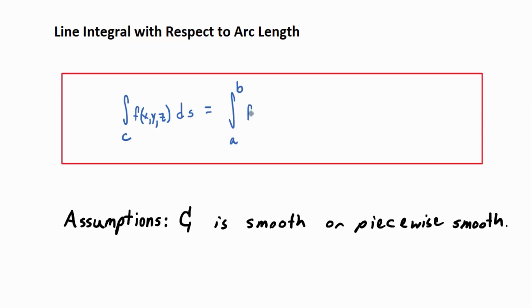And then when you evaluate these things, you've got to put x in terms of t, y in terms of t, and z in terms of t. So this is going to be your working formula. Integral from a to b of f of x of t, y of t, z of t, and then ds is the magnitude of r prime of t dt.